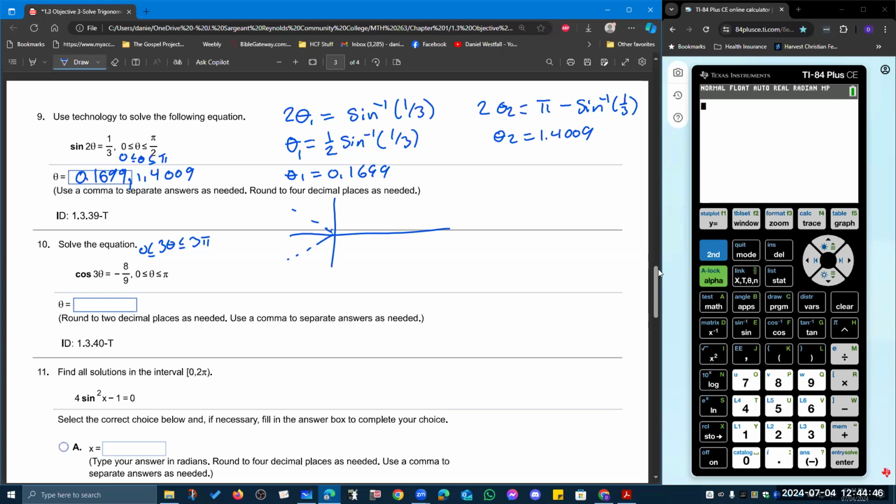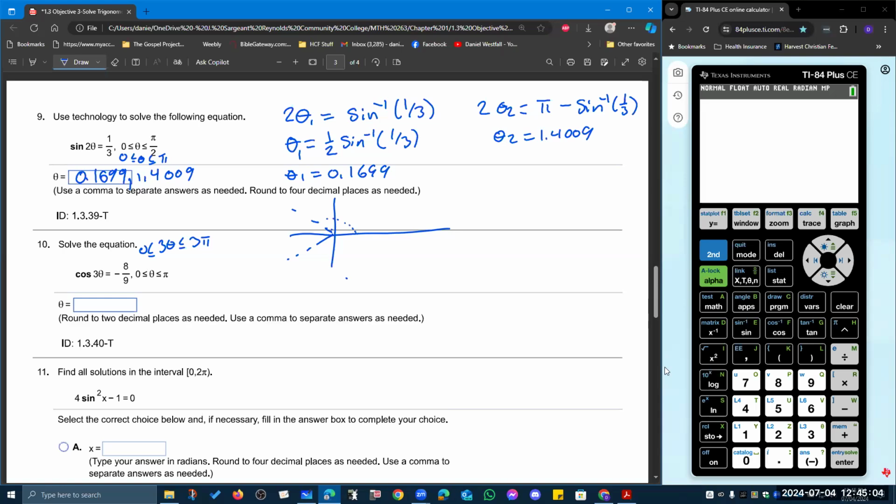If I do arc cosine of negative 8/9, I'm going to get the answer in quadrant 2, but it's going to be this angle. That's fine.